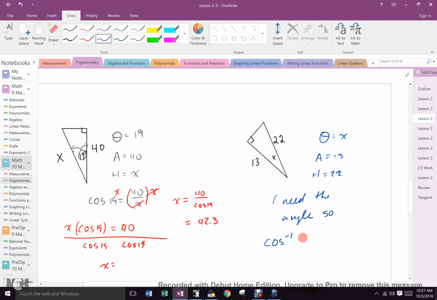Shift cos equals adjacent, 13 over 22. You've got to punch that into your calculator. And you get an angle of theta equals shift cos 13 divided by 22, close brackets, equals 54 degrees. Got it?